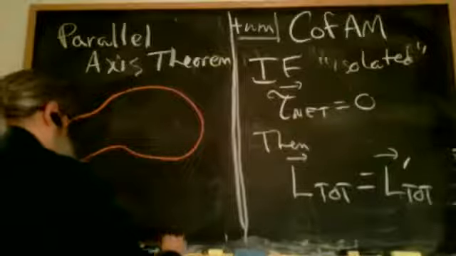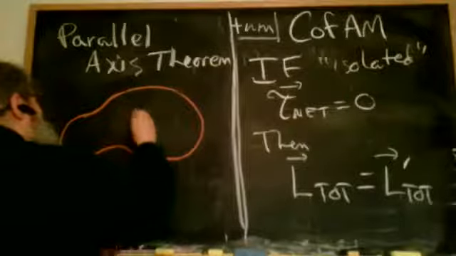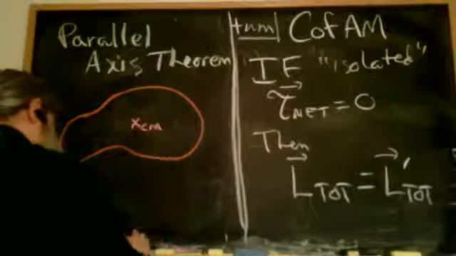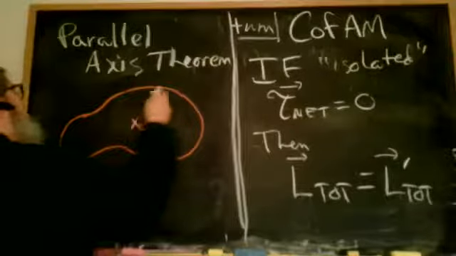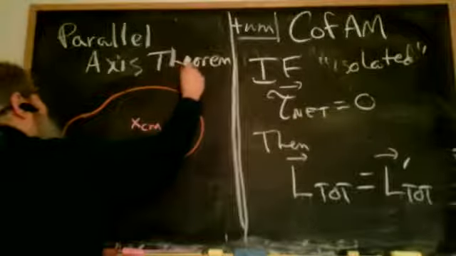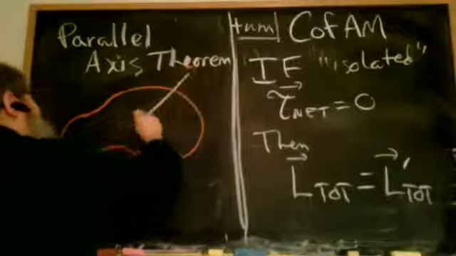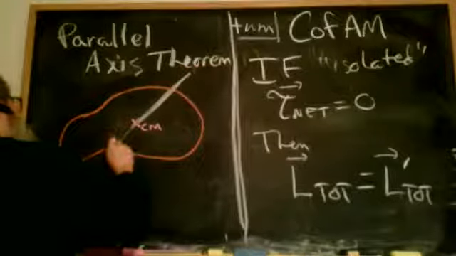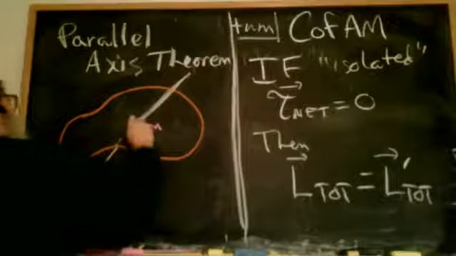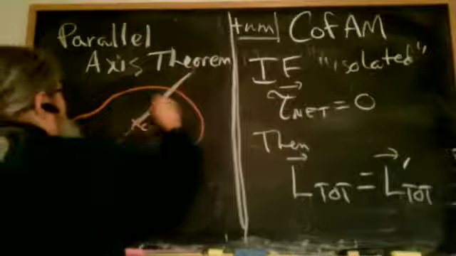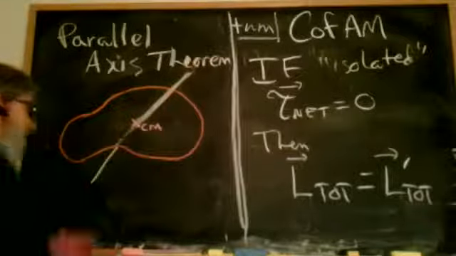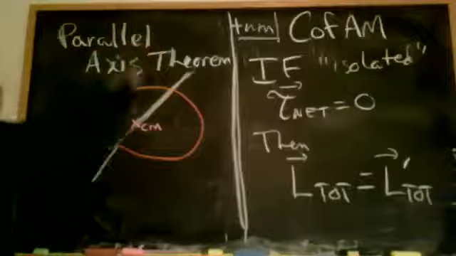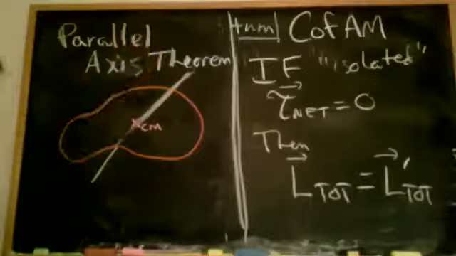So if the center of mass point is something like here, I can imagine running a skewer, defining an axis that goes through the center of mass point and comes out the other side. So there's a rotational axis that's defined at some angle into the potato.